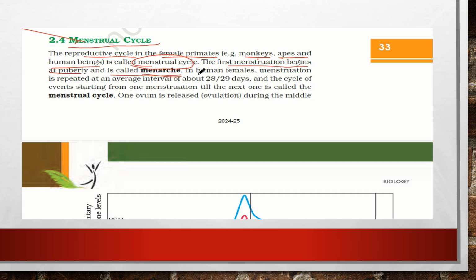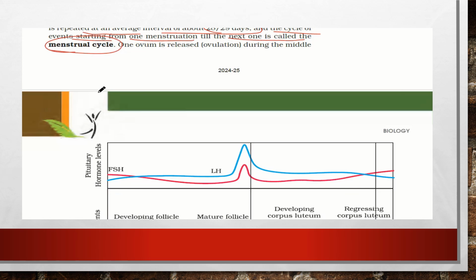In human females, menstruation is repeated at an average interval of 28 to 29 days, and the cycle of events starting from one menstruation till the next one is called the menstrual cycle. So this full cycle from one menstruation till the next one is the menstrual cycle. One ovum is released in ovulation during the middle of the cycle.